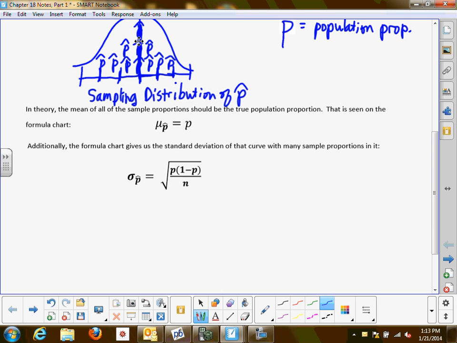This is the formula for where the mean of the sampling distribution falls. In fact, I want you to understand how to read these letters. This, of course, is the mean. And this p hat means the mean of the sampling distribution of sample proportions.